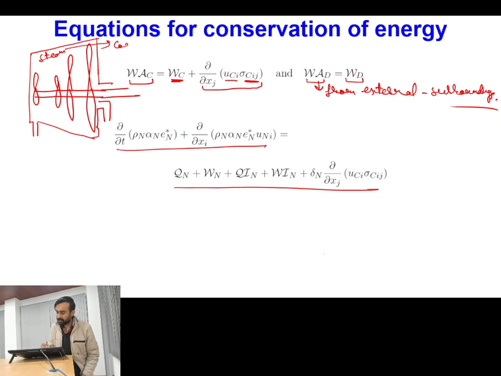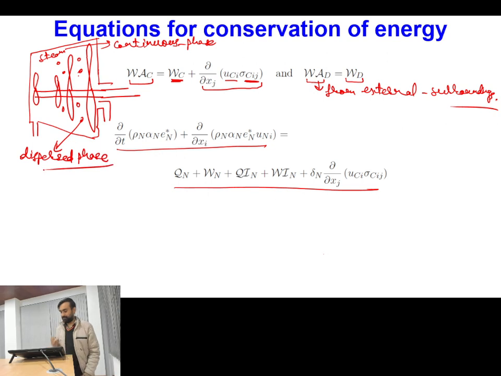Steam is nothing but my continuous phase. And along with this, some small droplets of liquid are also present. What are these liquid droplets? These are the dispersed phase.